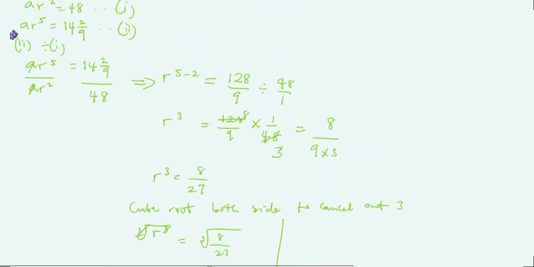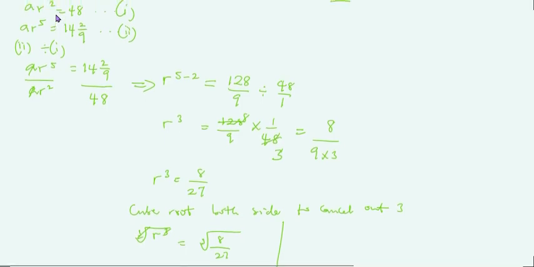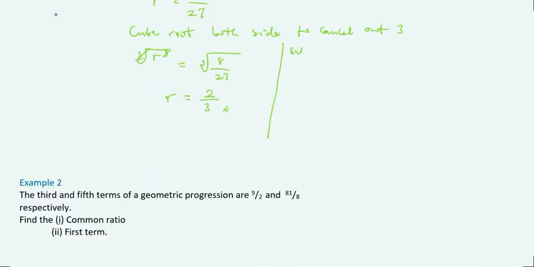Our equation 1 is ar square equals 48. So from our equation 1, we substitute r equals 2 over 3 into equation 1, which is ar square equals 48.